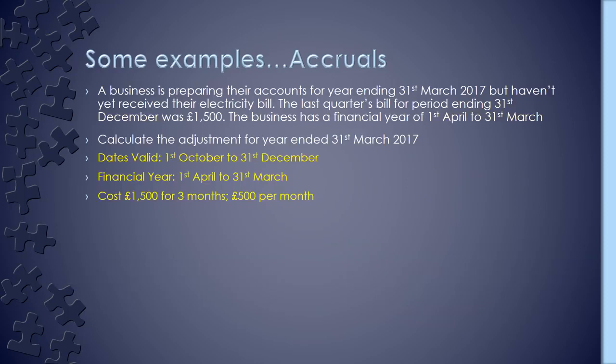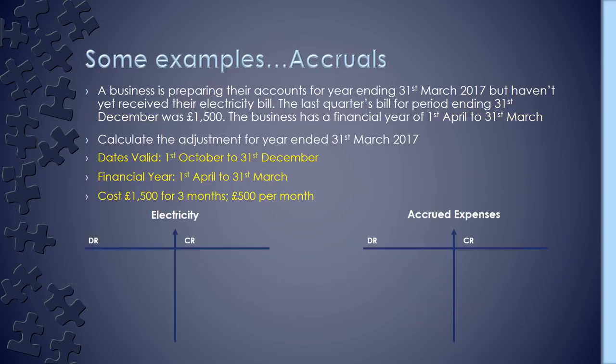So let's have a look at accounts then. So we've got our electricity account and we've got our accrued expenses account. So remember, with this one, there is no bank account because there isn't any money paid out or received. So first of all, because we're going to have to show the cost of that electricity for those 3 months, we're going to have to accrue for it into our electricity account because we want our electricity account to increase by £1,500 to show 3 months worth of that electricity at the year end.